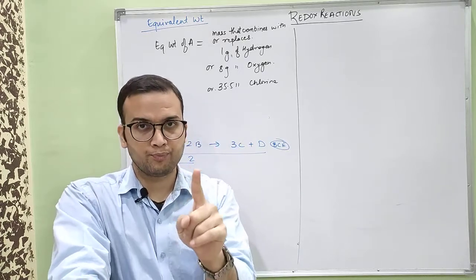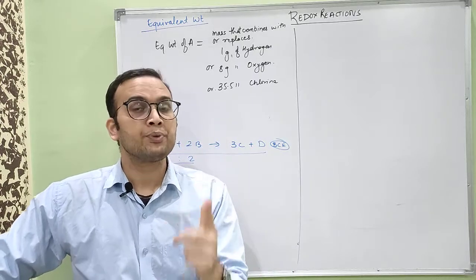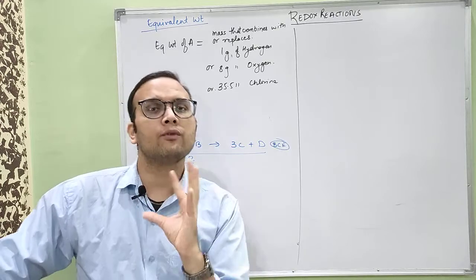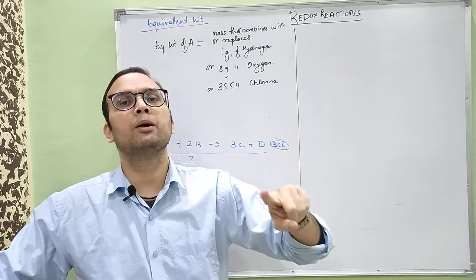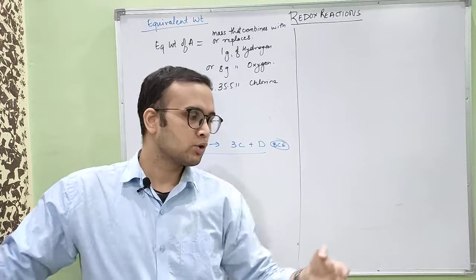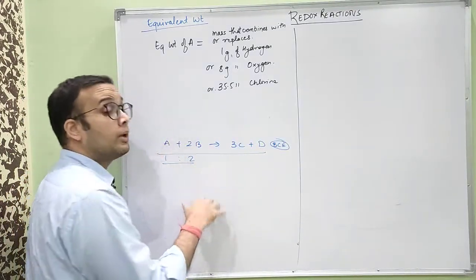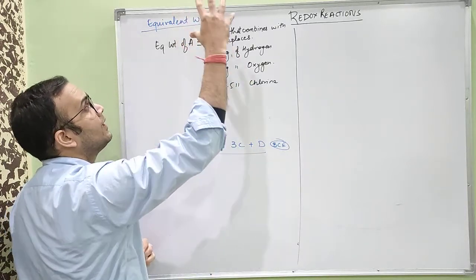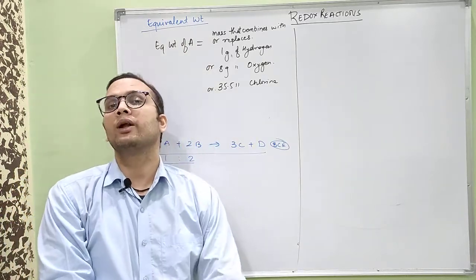Mark these words. We are going to talk about this in the next lecture, but mark these words that if we are able to calculate equivalent weight, we will be able to calculate equivalence, and then we will be able to use the law of equivalence. Got it? So the law of equivalence is based on equivalence, and to be able to calculate the number of equivalents, we need something called equivalent weight. So first let's define what equivalent weight is.